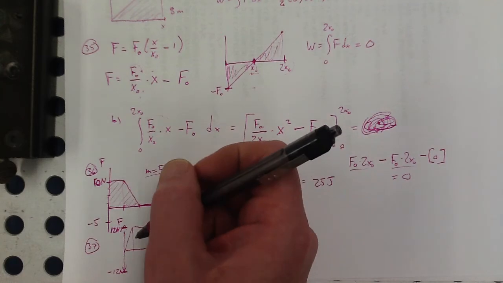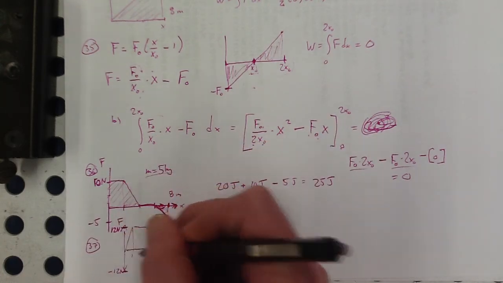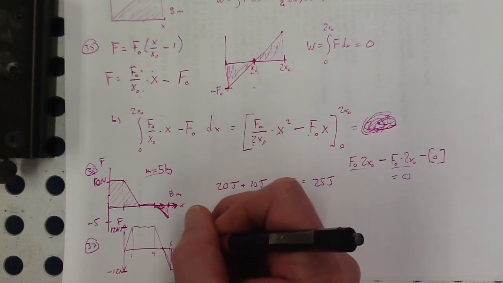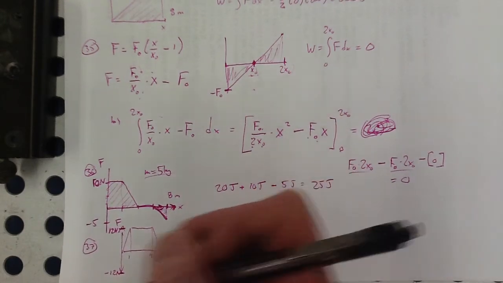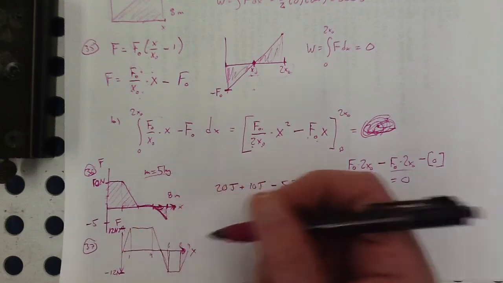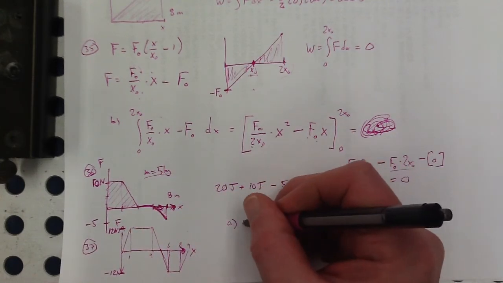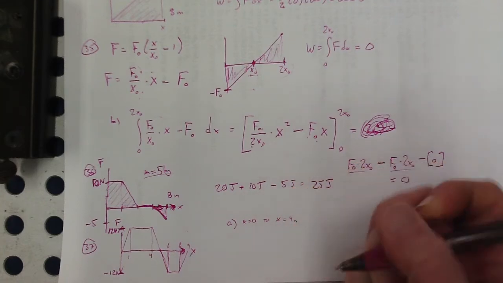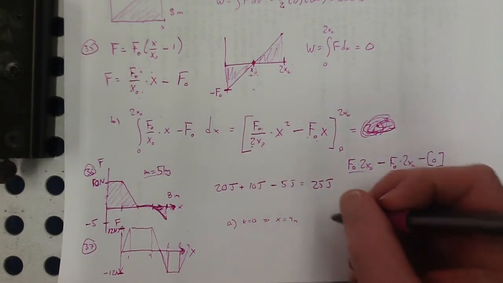So this is at 1, this is at 4, this is at 6, this is at 8, and this is at 9. All right, so let's see. We want this. How much work has the force done on the particle when the particle reaches this? This is from 0 to 4. So 0 to 4. How much area do we have there?